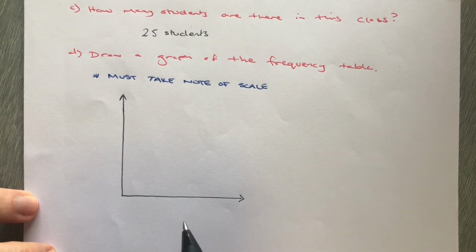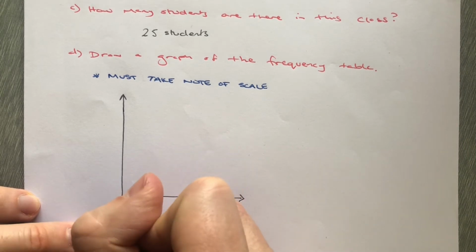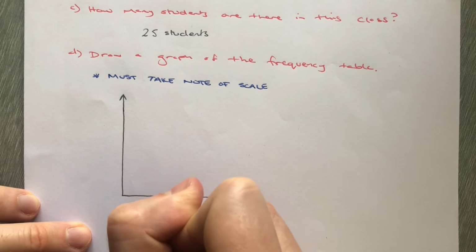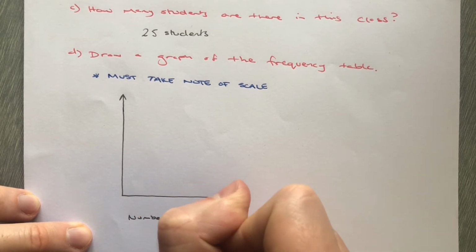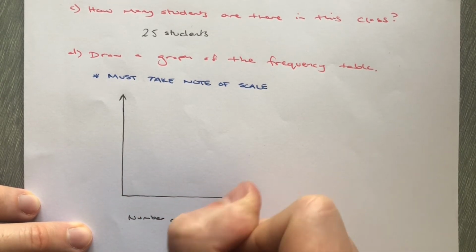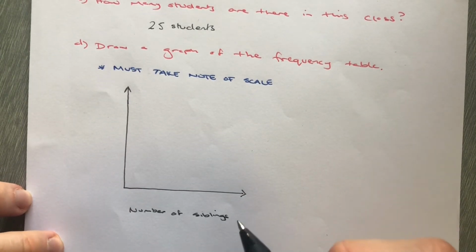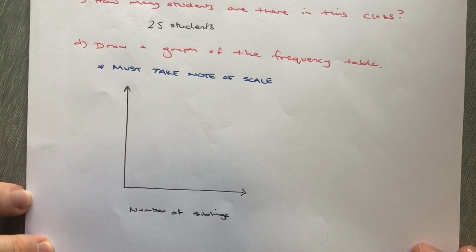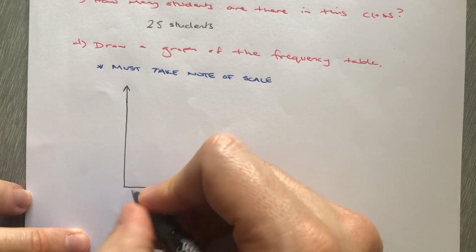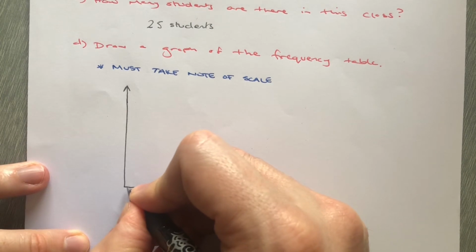This bottom one is going to be the number of siblings that people have. So number of siblings. And that included 0, 1, 2, 3, 4, 5, and 6, if we remember.